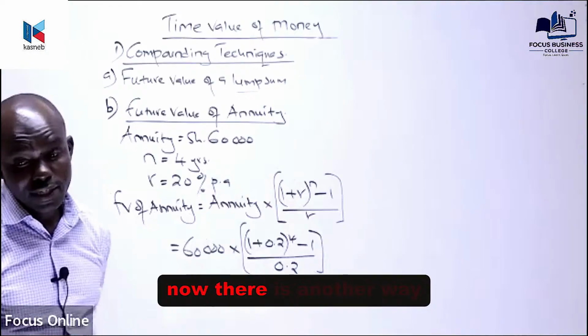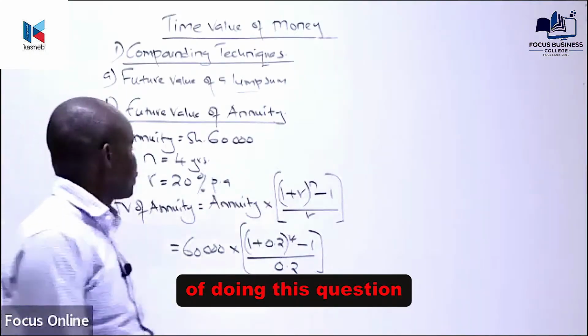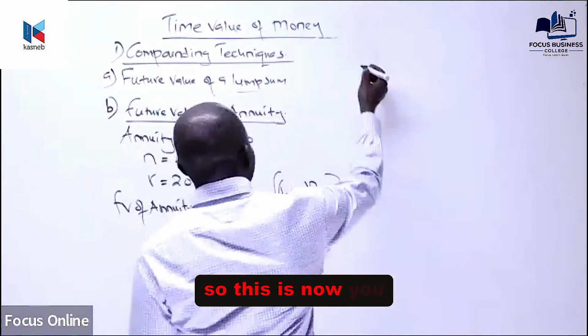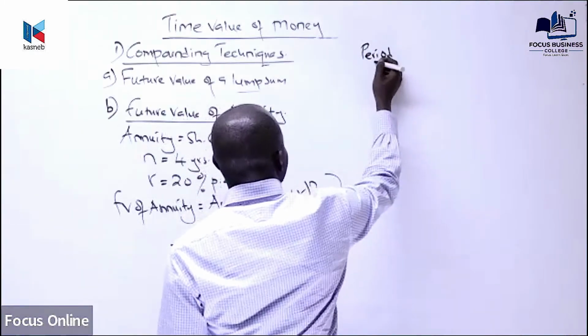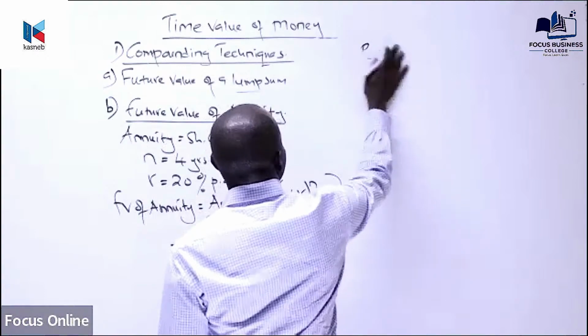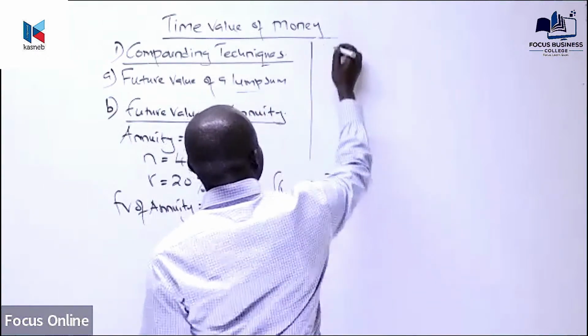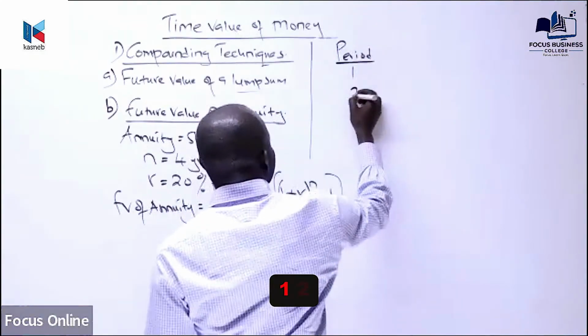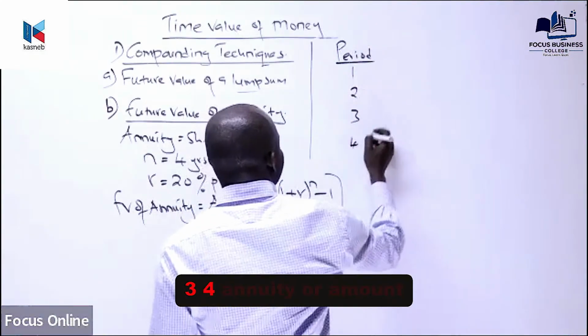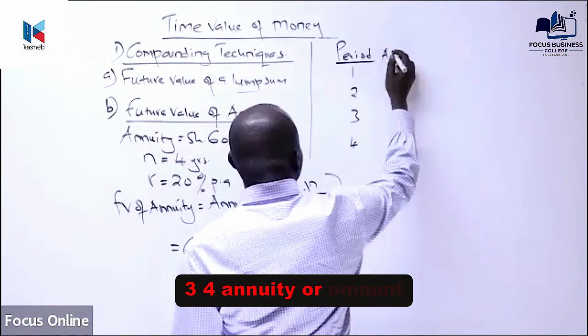Now, there is another way of doing this question. So this is now, you say period 1, 2, 3, 4. Annuity or amount.